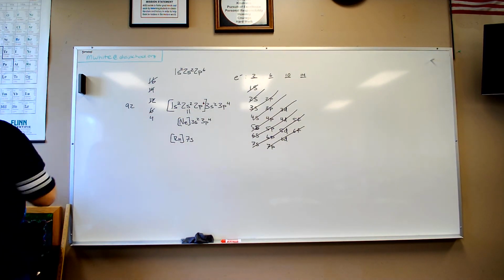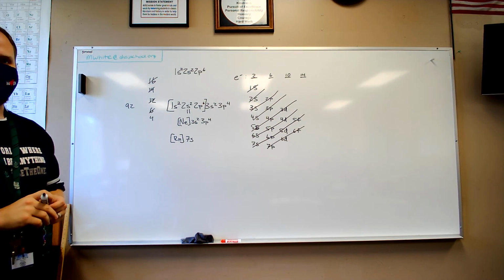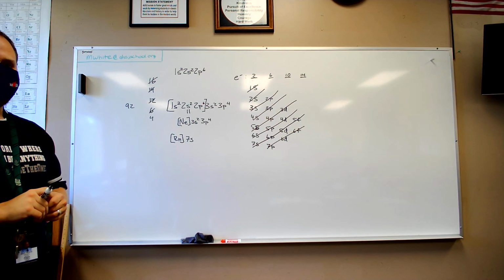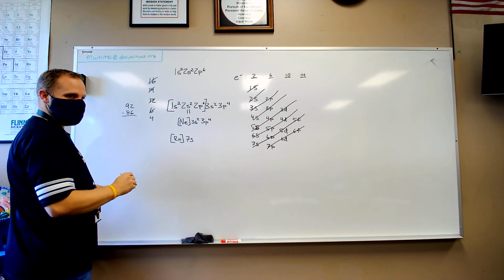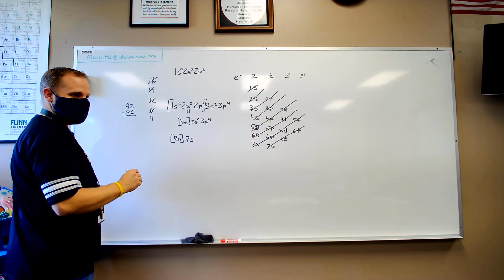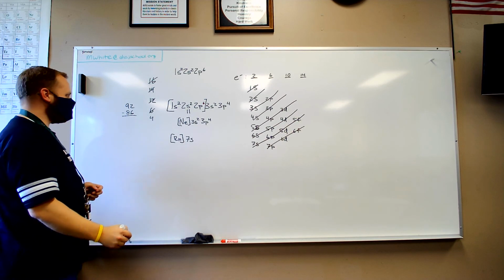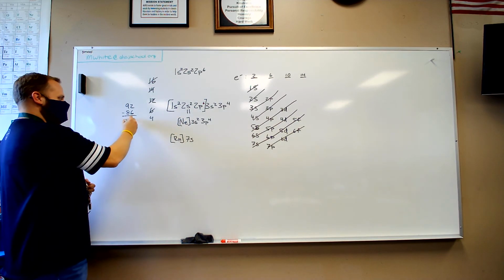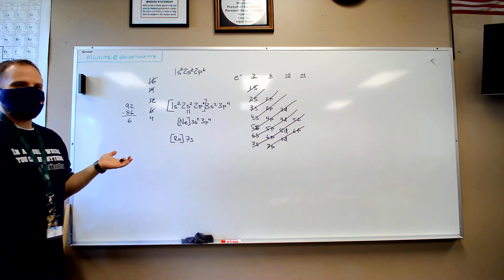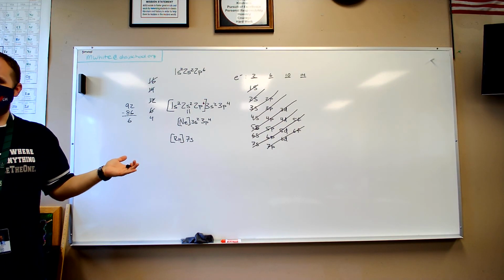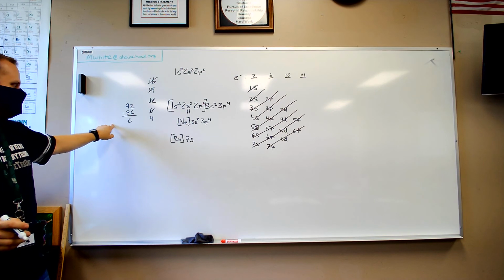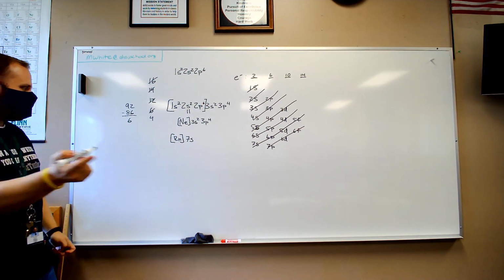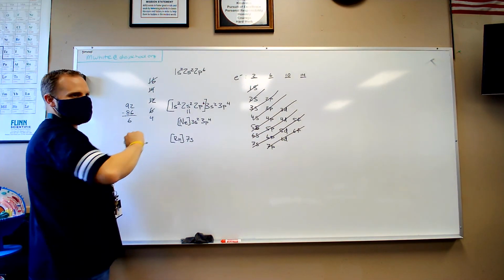Radon is going to take 86 of them. Okay. So if we have 92 minus 86, what does that give us? 6. Okay, so now we only have to do 6 more electrons. Isn't that nice? Okay. Instead of having to do all 92, we only have to do 6. So, how many electrons does the s orbital hold?